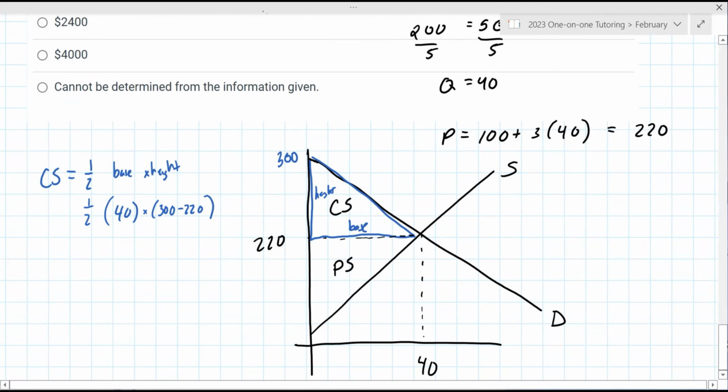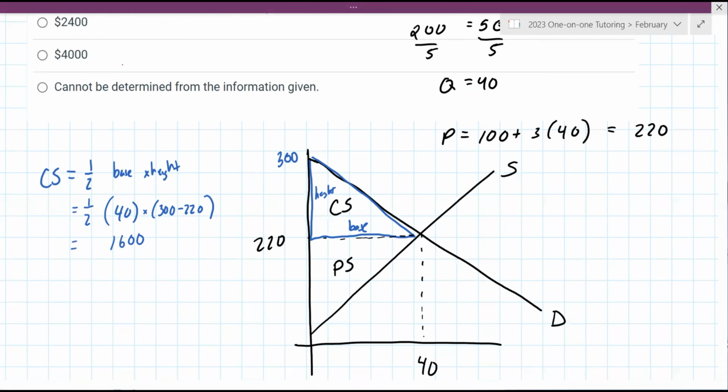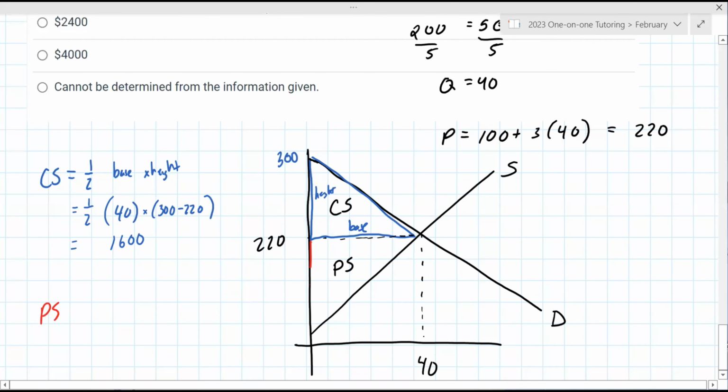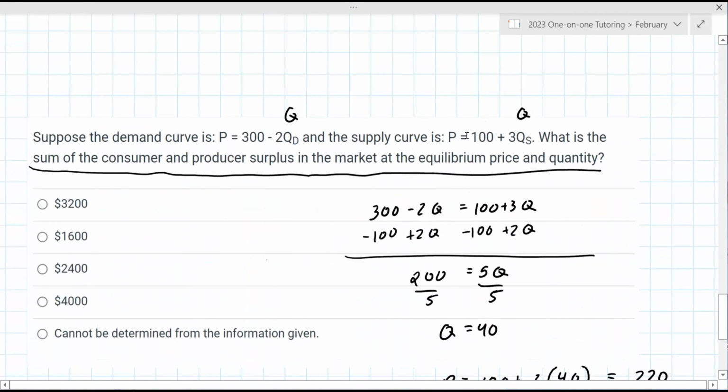Similarly, we do the same thing for producer surplus. Let's get this value here. That's 80, half of 80 is 40, so that's 1600. Producer surplus is going to be this triangle down here. The base is again 40. The height this time, we have to find this value down here, and I believe it was 100 from the equation here.